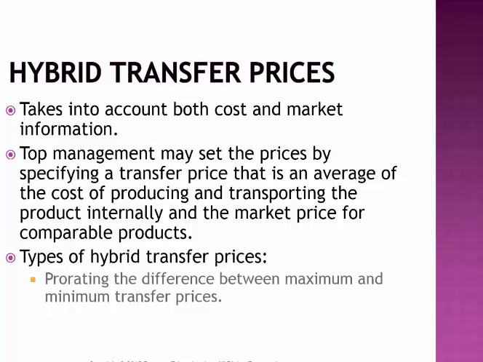We can have two different transfer prices used in our records or in our reporting for the divisions. So let's say we use one price for the selling division and another price for the buying division. Okay, so there's a difference between the two.